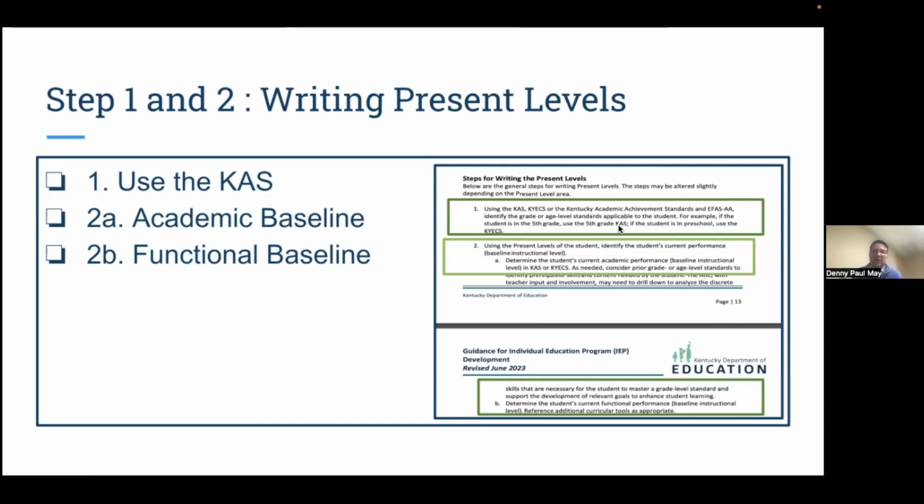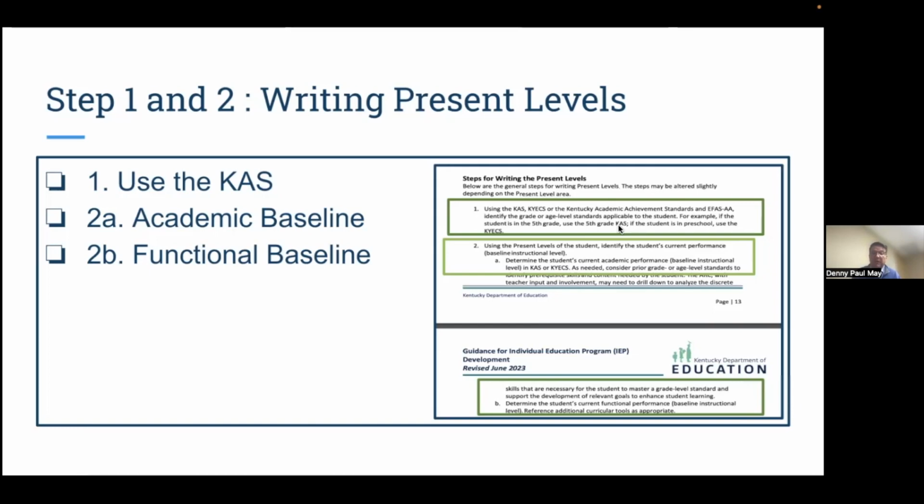And so you let the standards kind of guide you, because those are the kinds of things you need to be working on. Those prerequisite skills would be the skills that we would be working on. And we would be, number one, providing work on the skill deficiency, and we would be providing specially designed instruction.